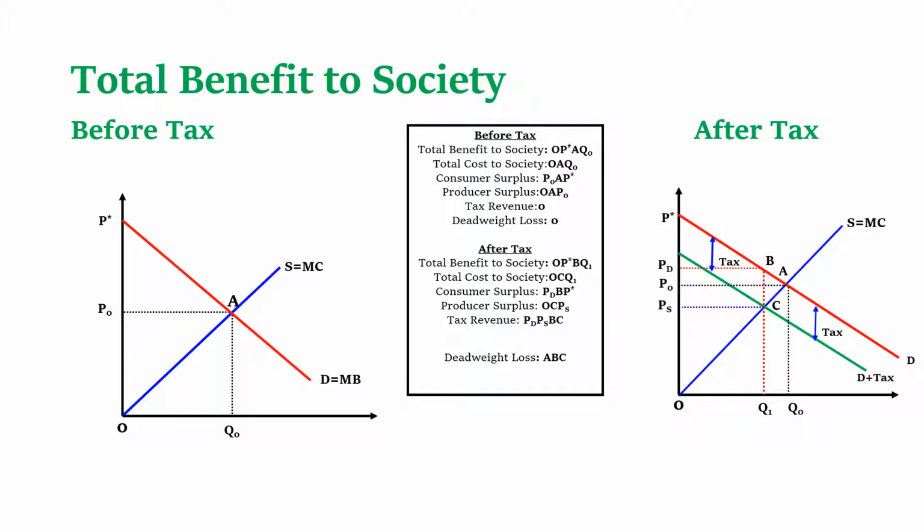If the demand is more inelastic, then the consumer is going to incur or pay the greater amount of the tax. So the burden of the tax falls on the consumer if demand is more inelastic.